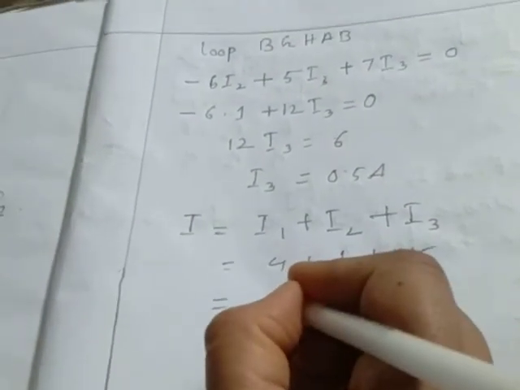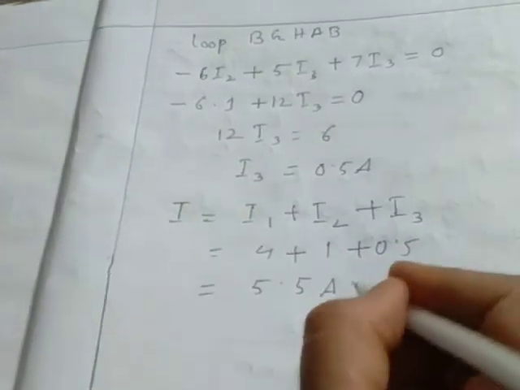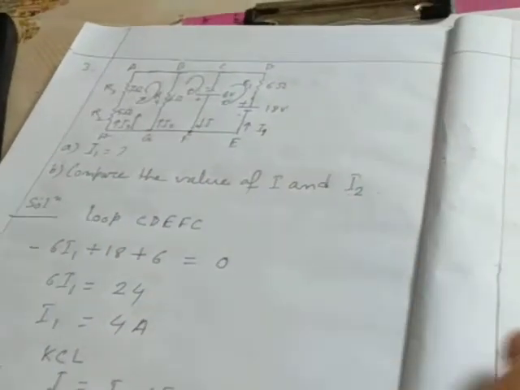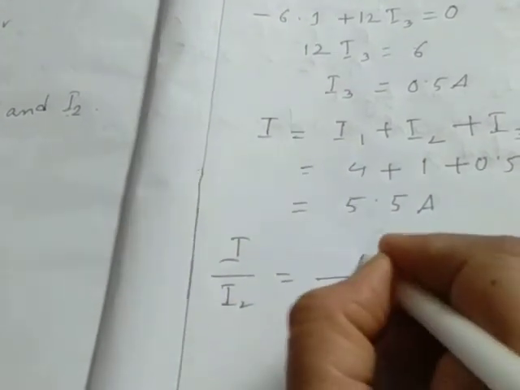So my final result comes 5.5 ampere. Here we have to compare the value of I and I2. So we can make a ratio I by I2 equal to 5.5 by 1. That means 5.5. Here is the result.